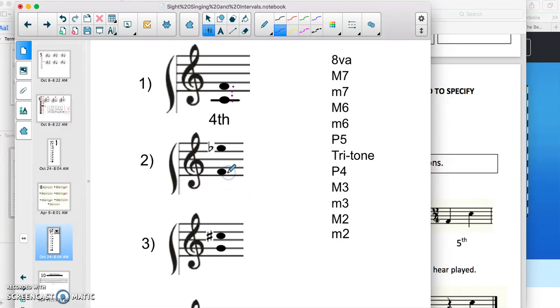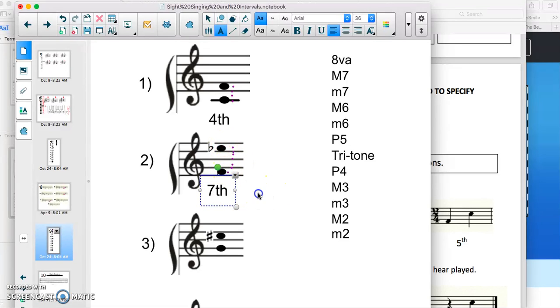Here's our starting note, so that space is step 1. Line is 2, space 3, 4, 5, 6, 7. And I see there's a flat here, but that does nothing to the number. So even if there's a flat or a sharp, the notes are still 7 steps away from each other. So this is a 7th.